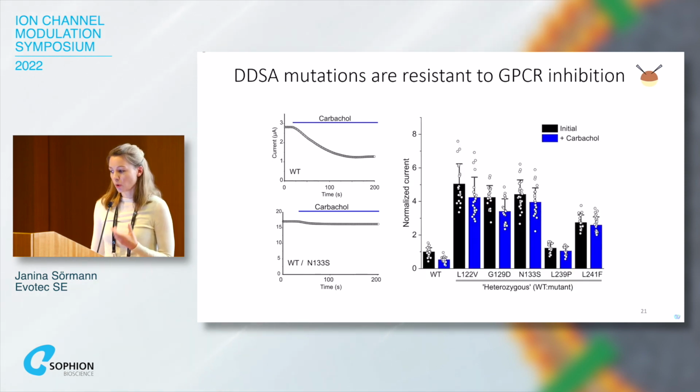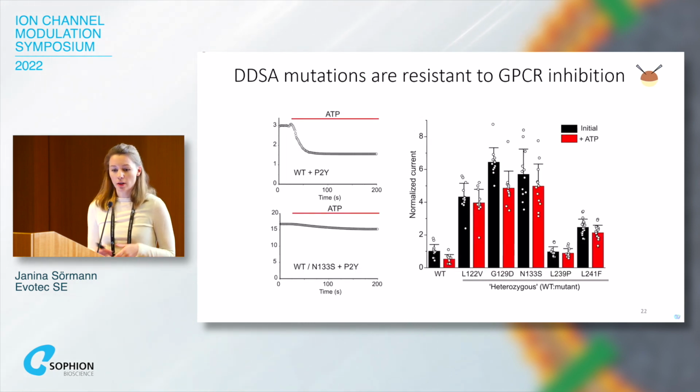The same is true for all of our mutations, even under heterozygous conditions, which mimics our patient condition. I would like to highlight that under these conditions, the L239P mutation is also twice as big after adding carbachol, because it cannot be inhibited, and here we see it's a gain of function.